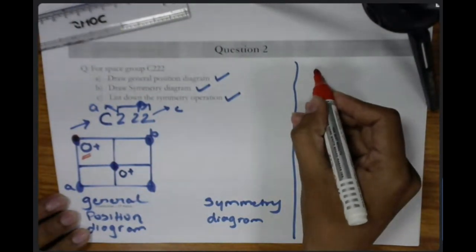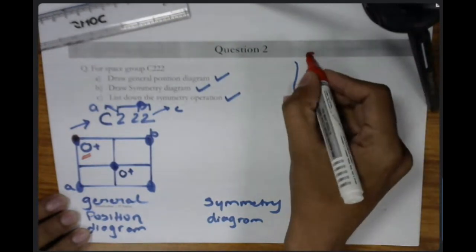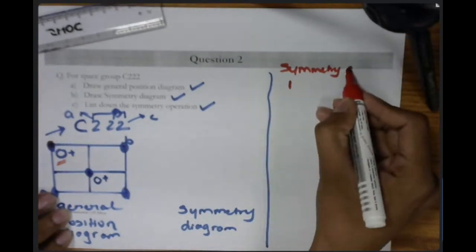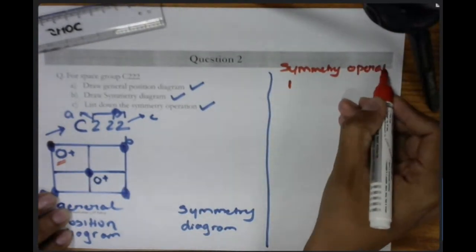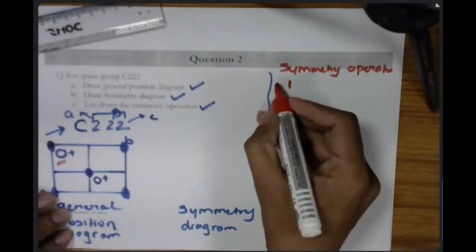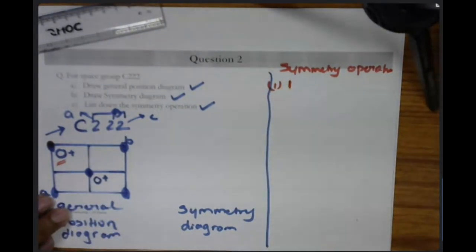Now, how can one get the first point itself? One can get the first point just by the onefold rotation, right? So if I write the symmetry operation over here, the first point one can get just by the onefold rotation that we wrote over here.